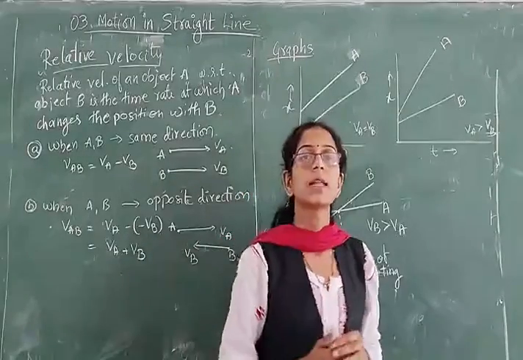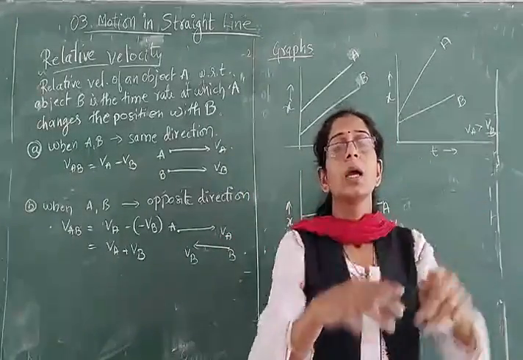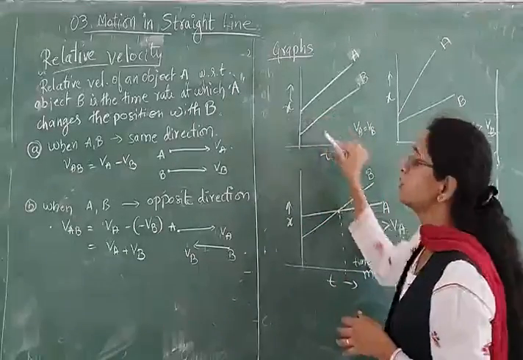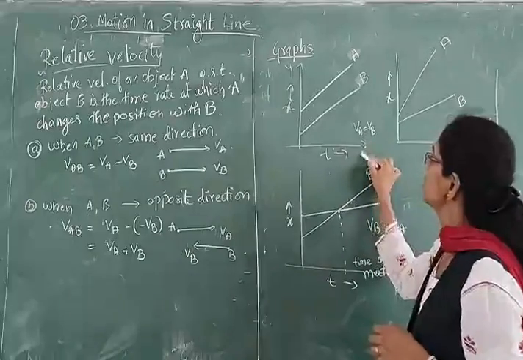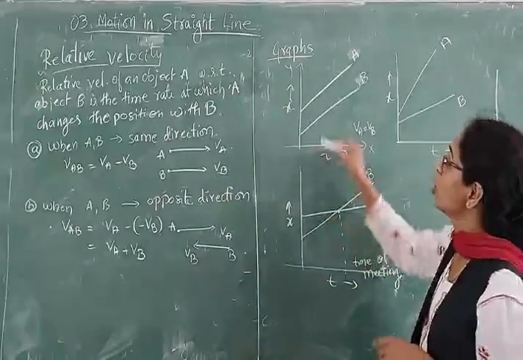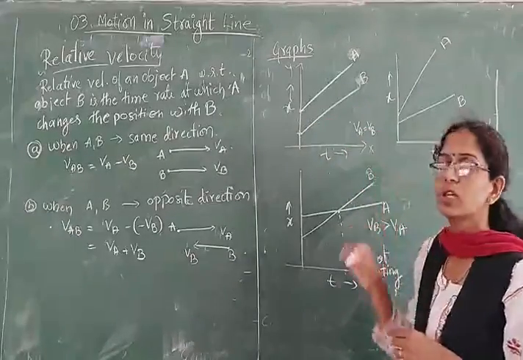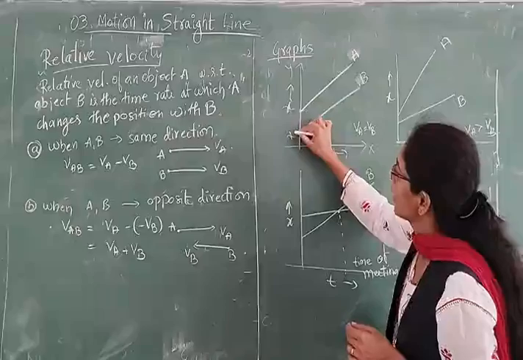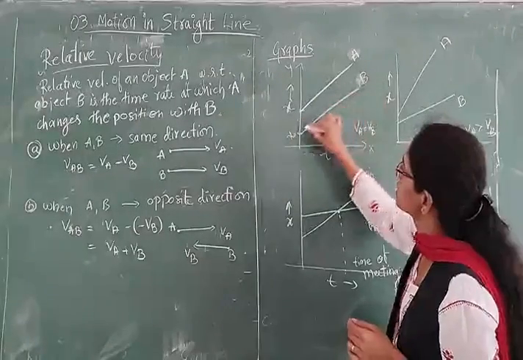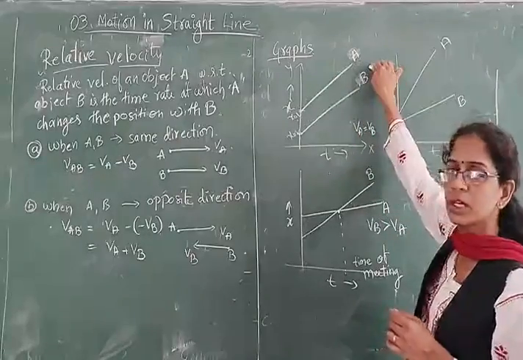Now we will see the graphical representations for these cases. First case, we will take that they are moving uniformly with the same speed. In that case, the position-time graph: position is taken along the y-axis, time along the x-axis. Object A begins here with initial distance x01, and object B has initial distance x02.